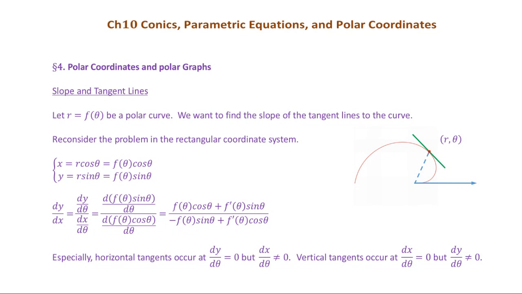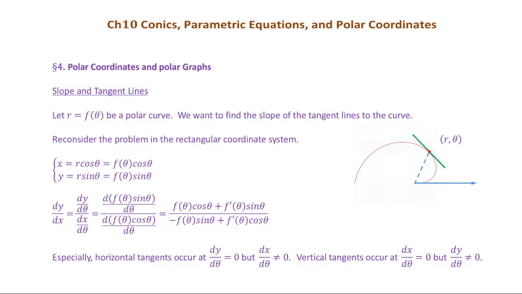So this is actually a set of parametric equations, and the parameter here is theta. For any point on the curve, x equals f theta times cosine theta and y equals f theta times sine theta.